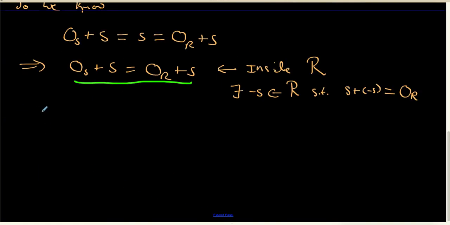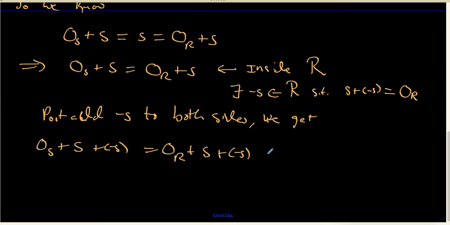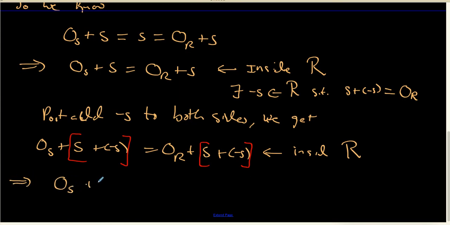So when we post-add minus s to both sides, we get 0s plus minus s is equal to 0r plus s plus minus s, and this is an equation inside of the ring R. Now, when we think about putting parentheses in the indicated places, s plus minus s is known to be the zero element inside R. So what we now have is the equation 0s plus 0r is equal to 0r plus 0r.